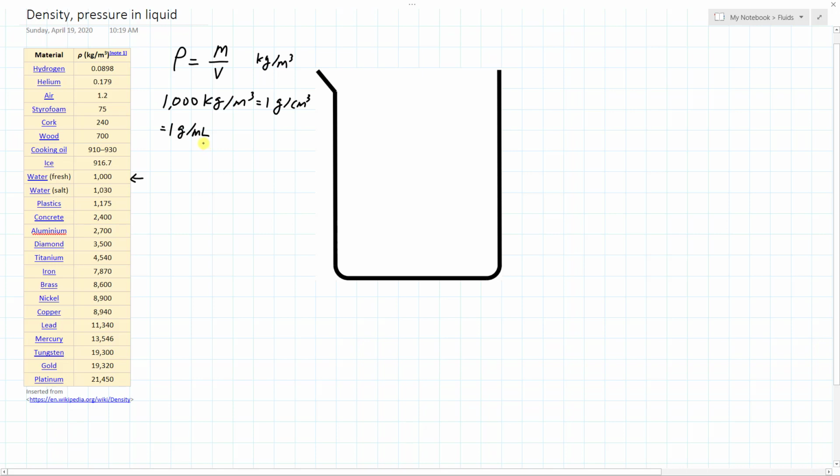Okay, so if you see some numbers that are only in the singles, for example, if aluminum was quoted as 2.7, that is in grams per cubic centimeter instead of in kilograms per cubic meter.